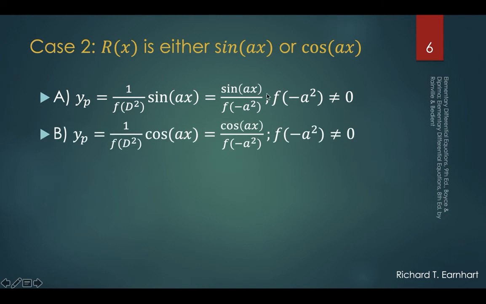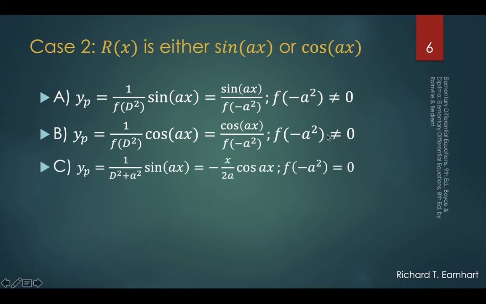When you have a cosine, similar to sine, but instead of sine we have cosine here, provided f of negative a squared is not equal to 0. So what happens when f of negative a squared is equal to 0? For example, you have 1 over d squared plus a squared.